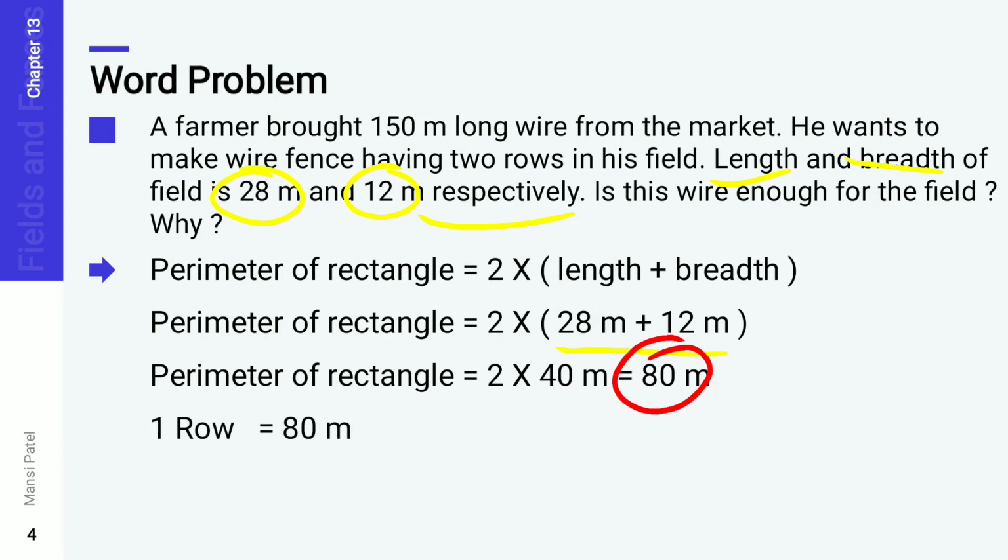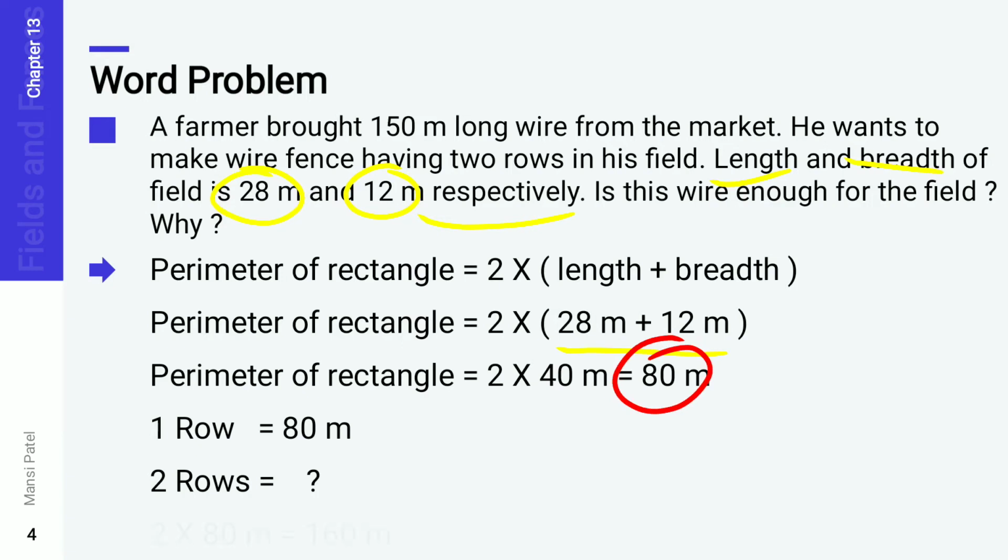Now how many rows do we have to make? We have to make 2 rows. So one row is equal to 80 meter. To make one row, 80 meter wire is needed. So how many rows do we have to make? 2 rows. So to make 2 rows, how much wire is needed?